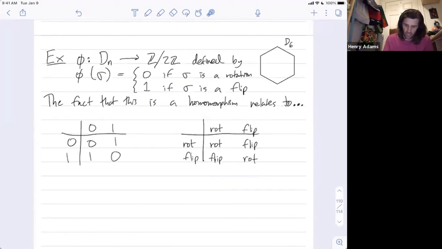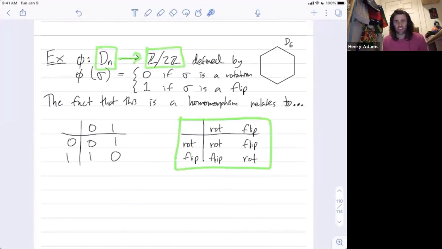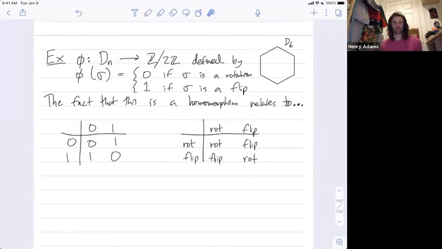So we're collapsing down a lot of information from this large group, maybe the symmetries of the hexagon, 12 different symmetries. We're collapsing down just to a group of size 2. But we're encoding this pattern: any 2 rotations in this large group combine to a rotation, and a rotation combined with a flip is a flip, whereas 2 flips give you a rotation. 2 of the same flips gives you the identity.